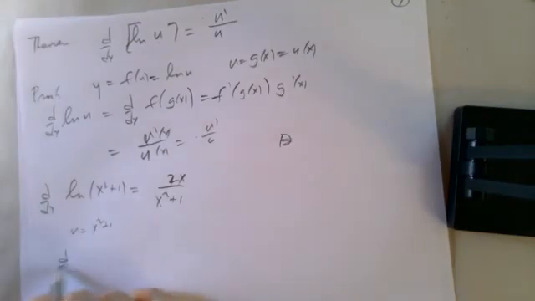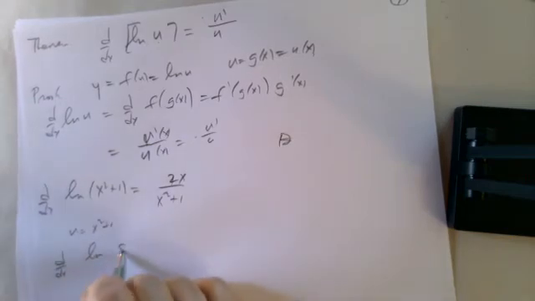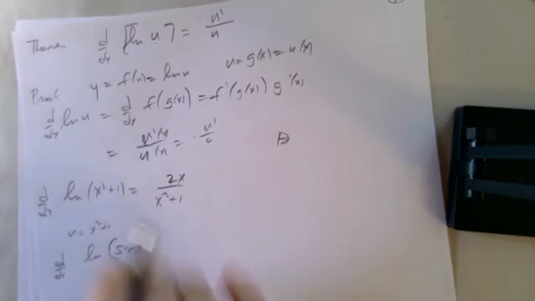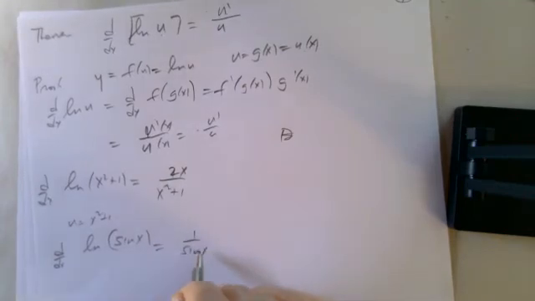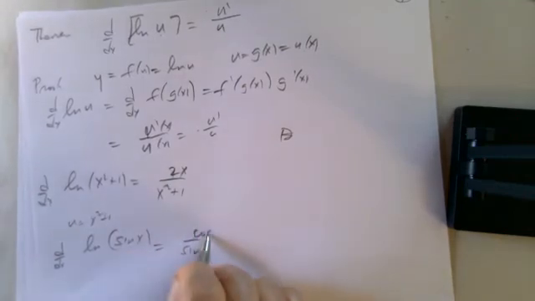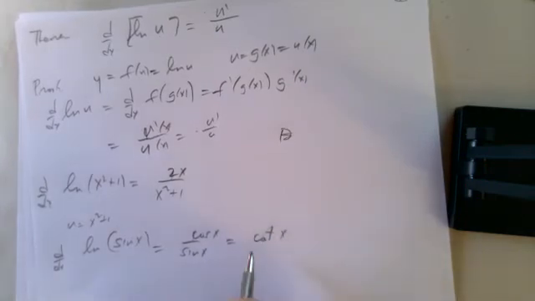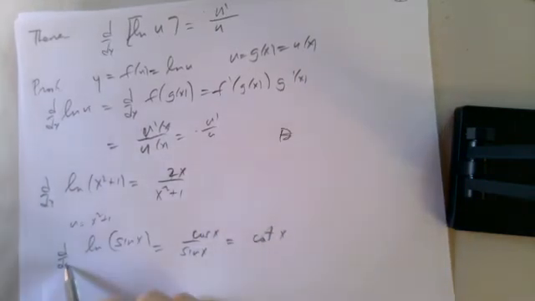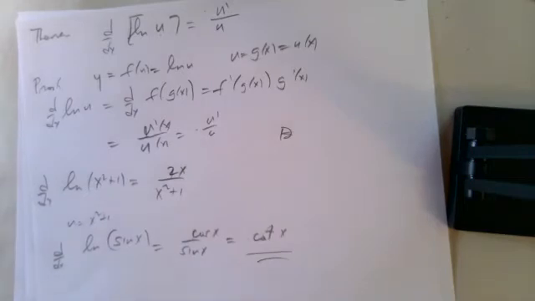If I wanted to differentiate the log of the sine of x, where sine of x is positive, this would be 1 over sine x times the derivative of the sine, which is cosine x. So that's cotangent x. So the derivative of the log of the sine of x is the cotangent of x.